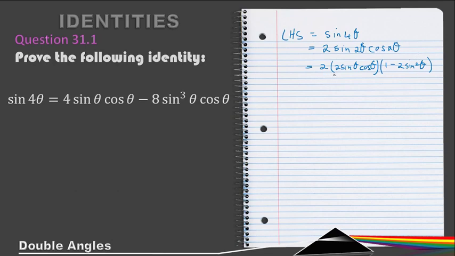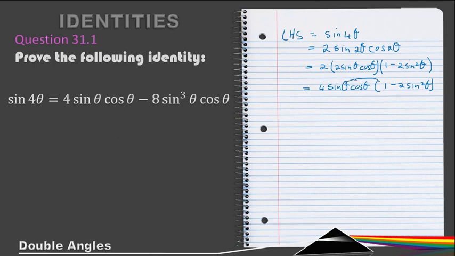Alright, so now all that's left is just to multiply everything out. Let's start by multiplying this 2 in over here. Then we have 4 sine theta cos theta, 1 minus 2 sine squared theta, and then we multiply in these factors that are in front of the bracket.